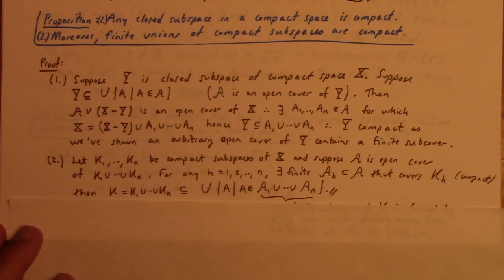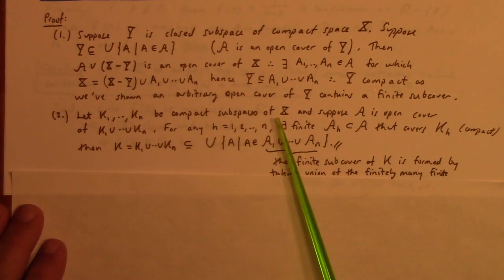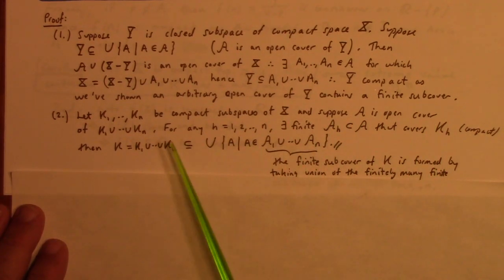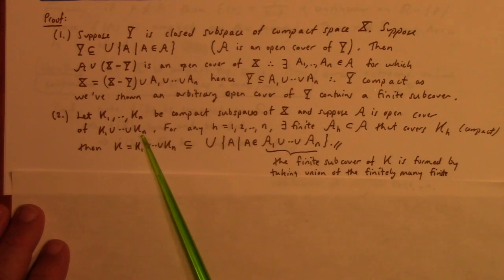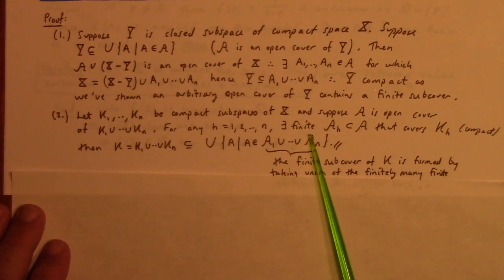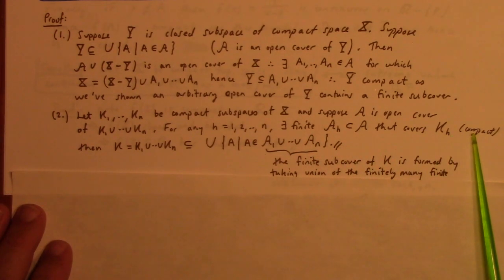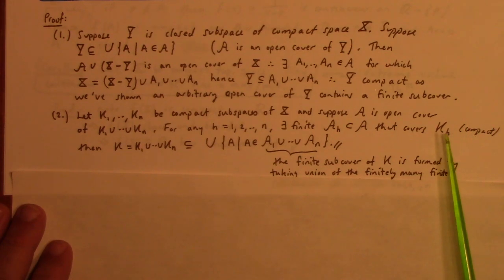Woohoo! Number 2, let K1 through Kn be compact subspaces of X. Suppose A is an open cover of the union of K1 through Kn. Okay, so for any h equals 1 through n, there exists a finite A sub h subset of A that covers K sub h, which is compact.